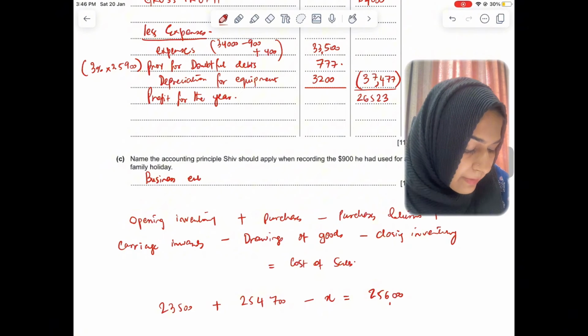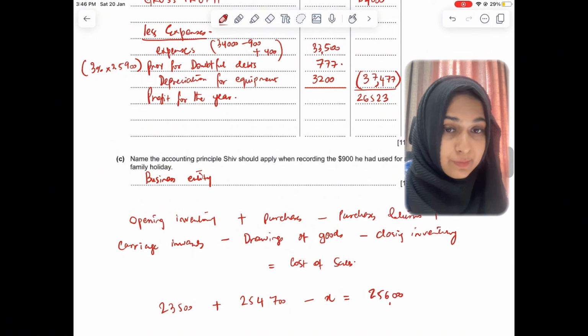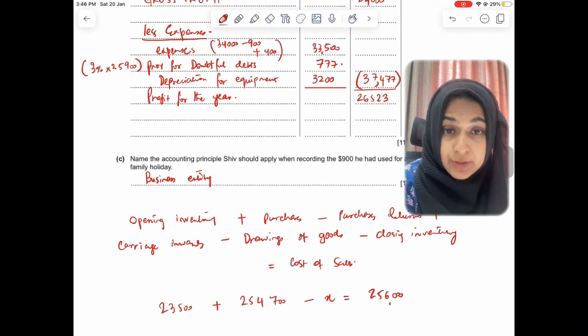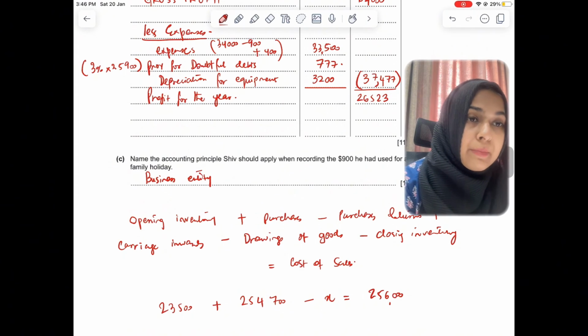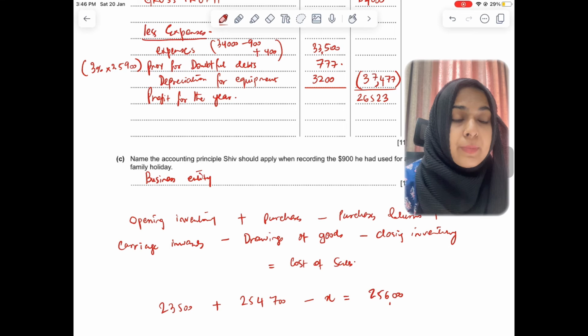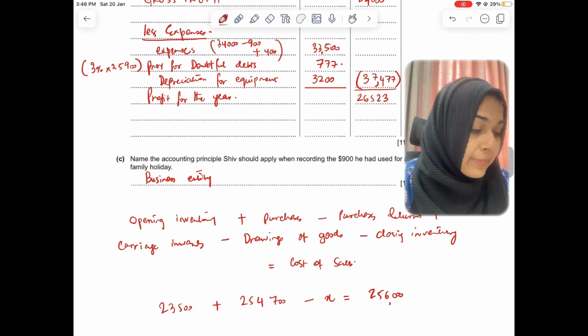Business entity concept says that the owner is a separate being and the business is a separate being. So whenever the owner takes out money or goods for his personal use, it should be shown as drawings, and that basically reduces his capital as well.